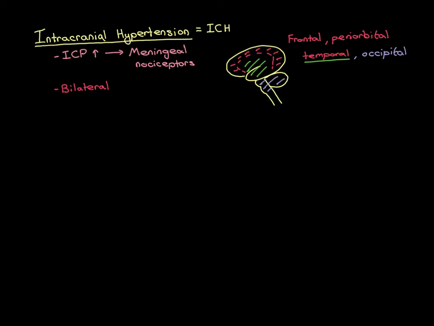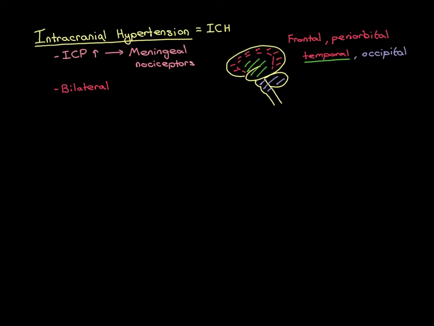With regards to severity, of course, the severity will depend on how many meningeal nociceptors you're going to activate, and also how frequently the meningeal nociceptive afferents will be firing. And how frequently they fire will depend on how big the intracranial pressure rise is.